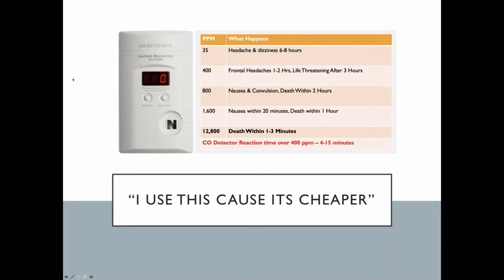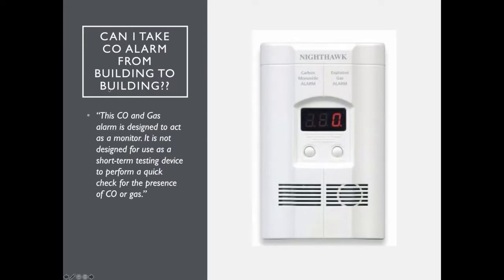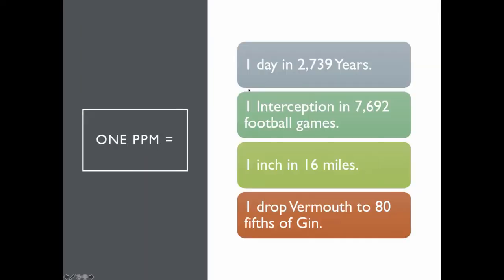And I guess the guy was not the only one doing this, because according to Kitty, which makes the Nighthawk, they tell you the CO and gas alarm is designed to act as a monitor, and it's only for use in short-term testing. So I guess this guy was not the first one to do that.